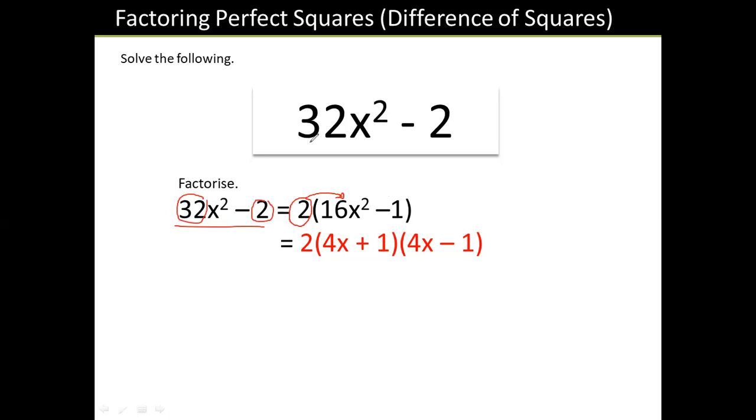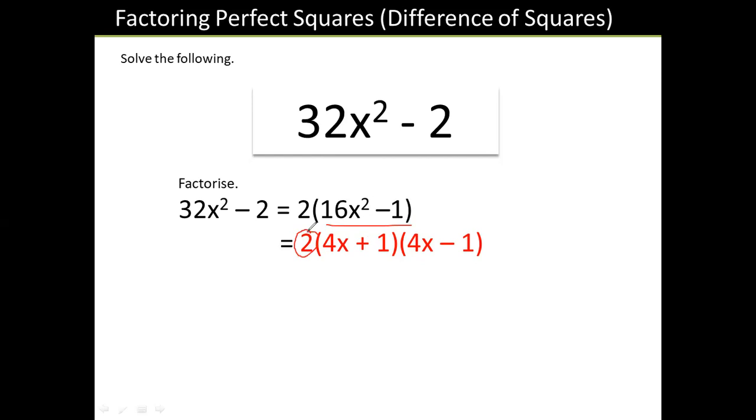So that means we factor out the common factors first, and then we get the perfect square, which is 16x squared minus 1. So factors will be 4x plus 1 and 4x minus 1, and that will be multiplied by 2.